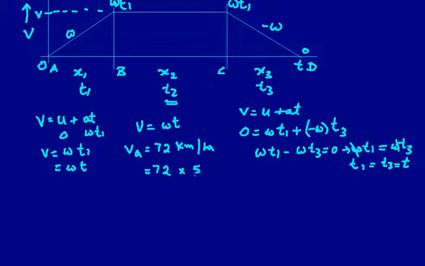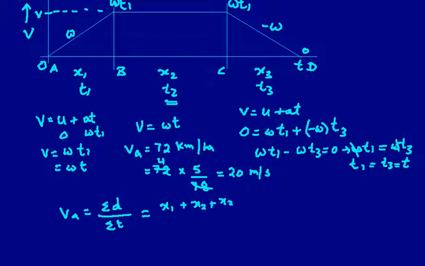72 into 5 by 18. Why this, we'll probably have to explore in other videos. So this would be 20 meters per second, the average velocity. The formula for the average velocity is equal to total distance traveled, or total displacement in this case, divided by total time taken, which is x1 plus x2 plus x3 by t1 plus t2 plus t3.